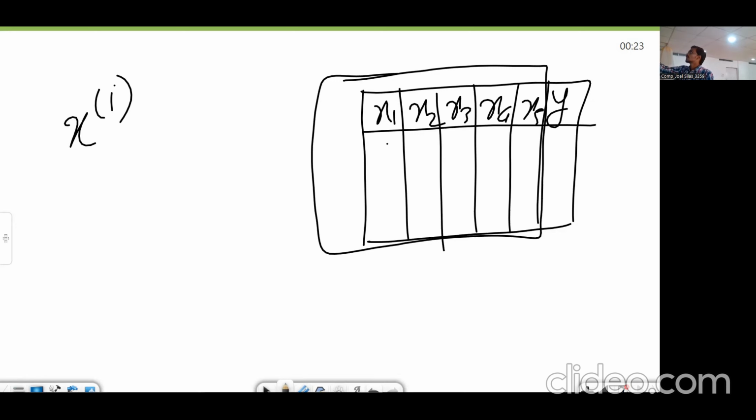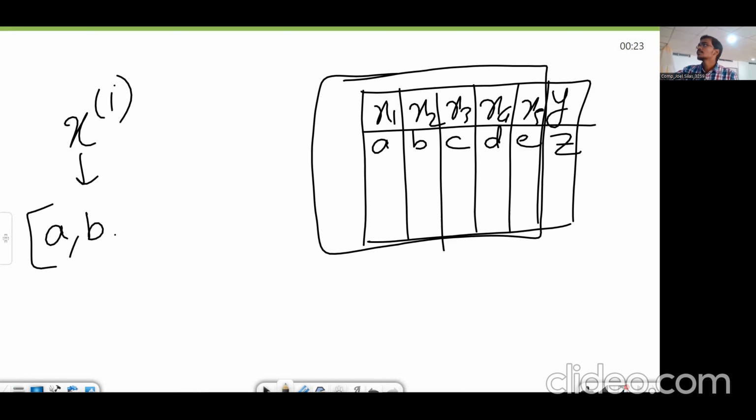So here, if we have the values like A, B, C, D, E, and the output say Z, then the feature vector x of i represents what? It is a list or a single dimensional matrix, we can say, called a vector, which is a collection of A, B, C, D, E.